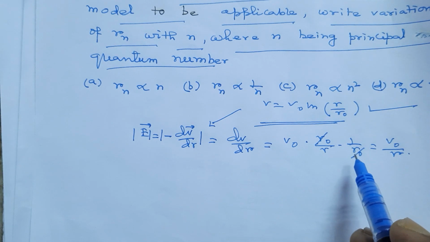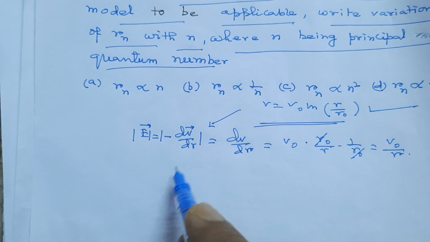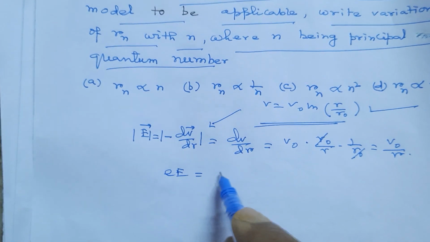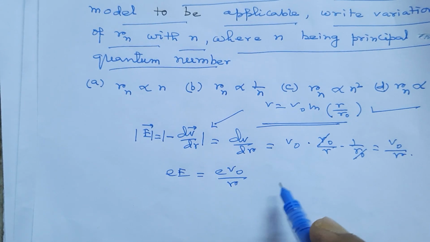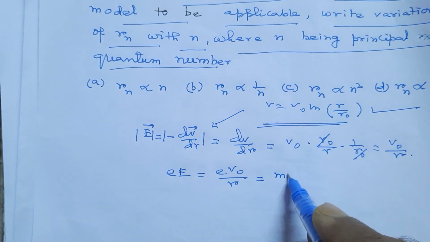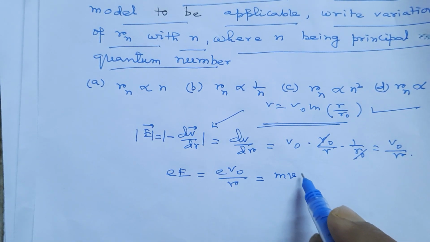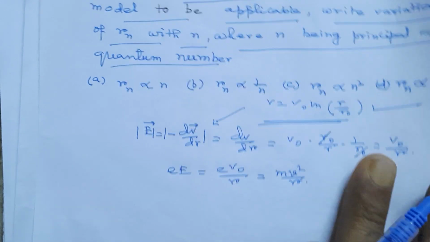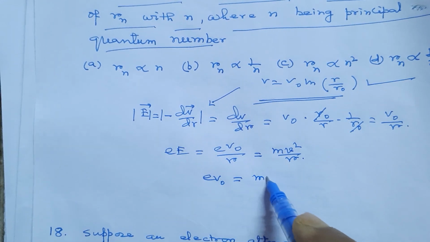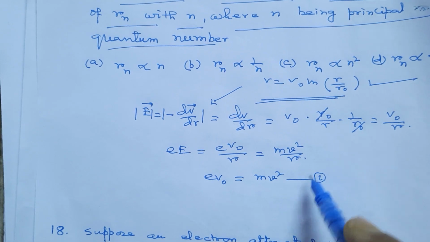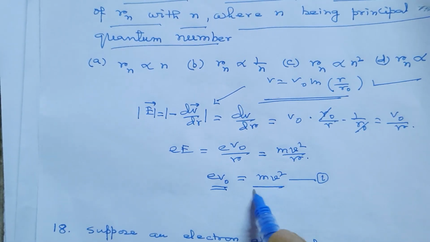So the force acting on the electron is e into E, which equals eV0 by R, and it gives you the corresponding centripetal force, that is mv square by R. Hence eV0 equals mv square, which reveals that v is independent of n.